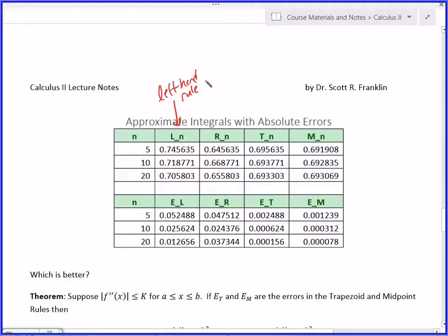Left-hand rule just means all the heights of my rectangles are measured at the left side of my subinterval, right? And that gives actually a pretty big gap in most cases. And then the right-hand rule.